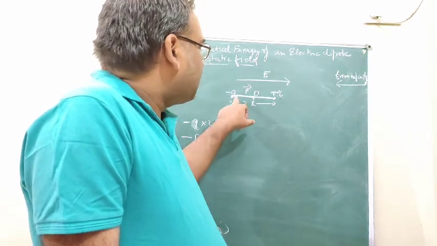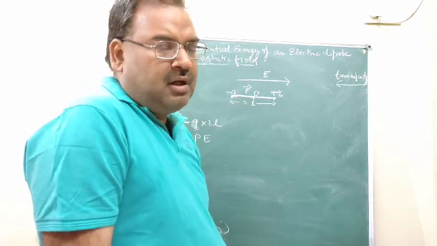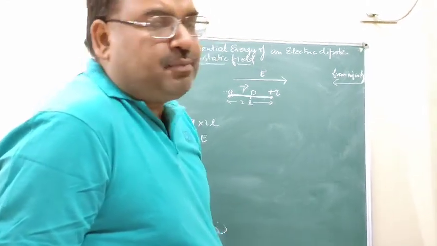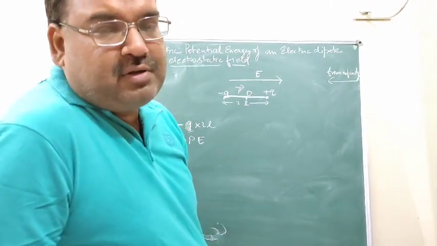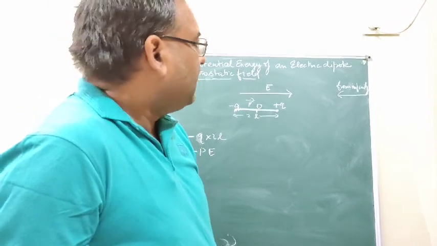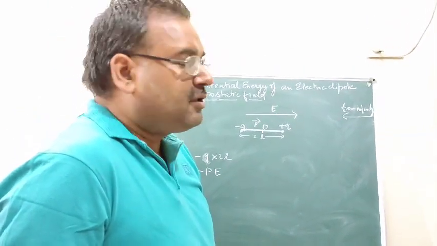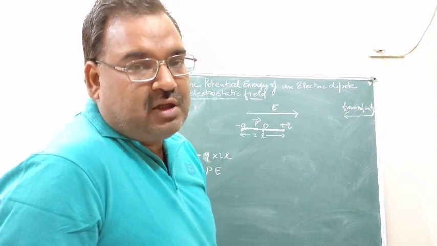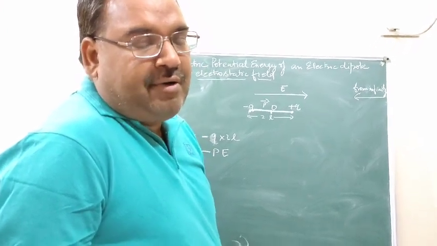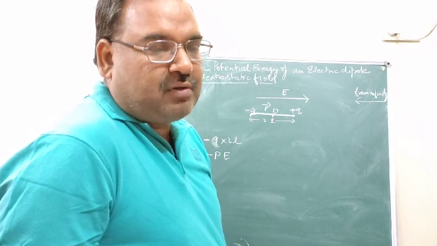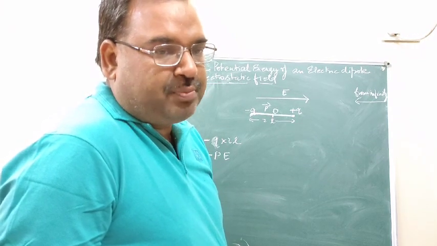Then the next one is the minus Q charge. The direction of the force will be opposite to the direction of the electric field. Since it is a minus Q charge, work will be obtained when it is being brought inside the electric field, as it is coming in the direction opposite to the electric field.